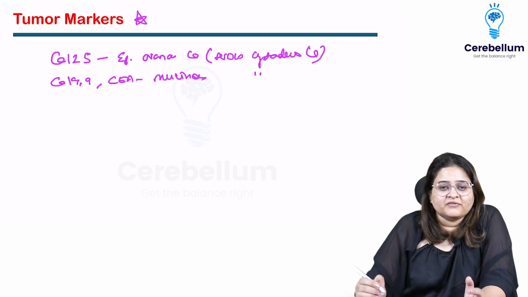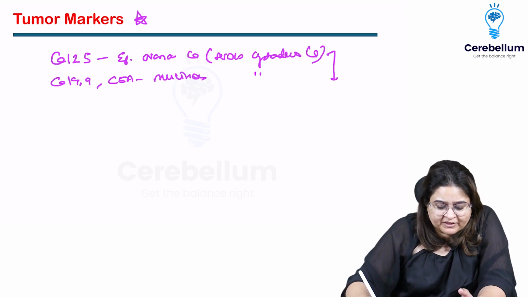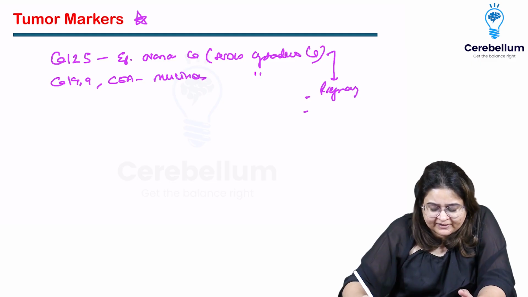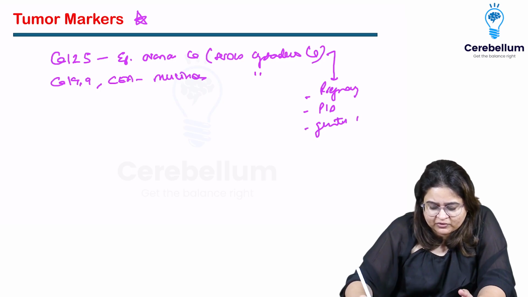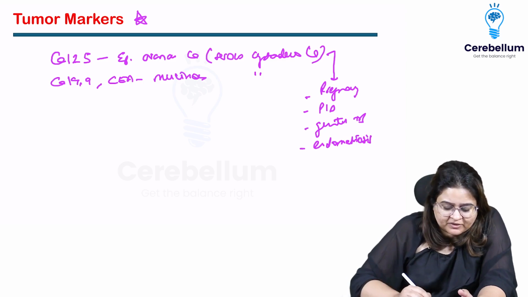But remember, again, they're not very specific. Even CA125 can be found to be raised in conditions like pregnancy, PID, genital tuberculosis, and even endometriosis.